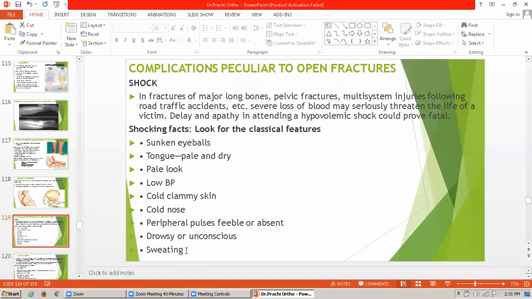So it requires emergency treatment. And the classical features of shock are very important, that is sunken eyeballs, pale and dry tongue, look is pale, the BP is low, skin and nose are cold and clammy, peripheral pulse is feeble or absent, and there is drowsiness or unconsciousness with sweating.